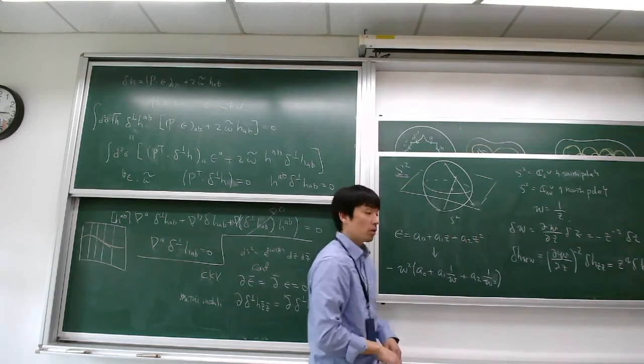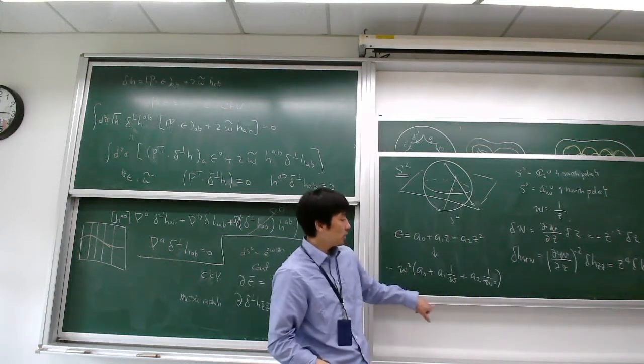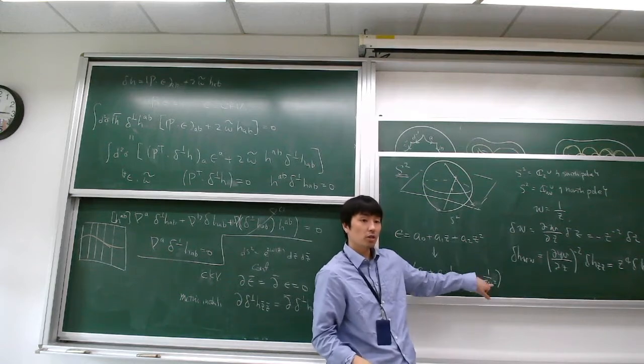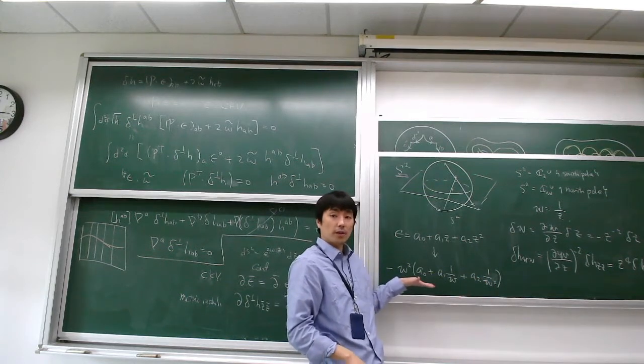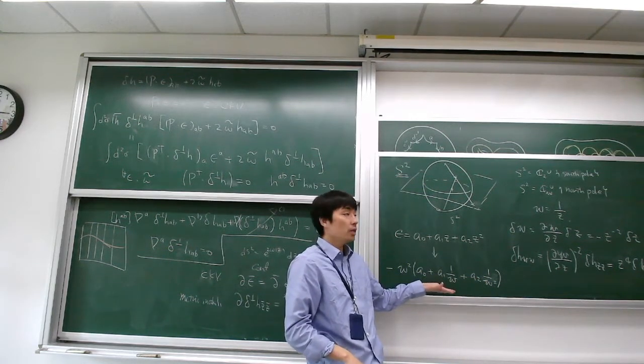Okay, on this patch, W square and W square will cancel. There's no singularity here. It's holomorphic everywhere in this CW patch.